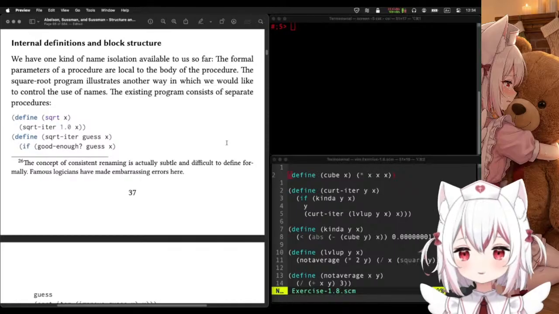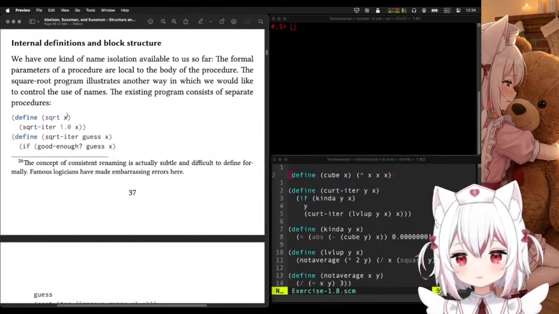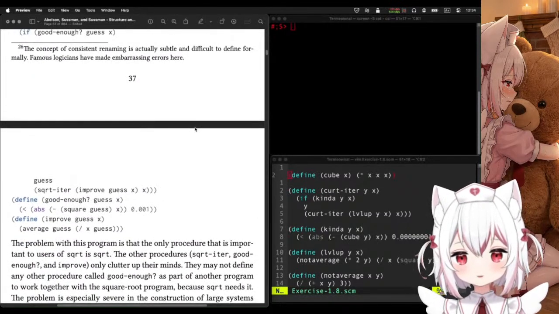The existing program consists of separate procedures. Define square root of x as this, and then define good enough, guess, x.